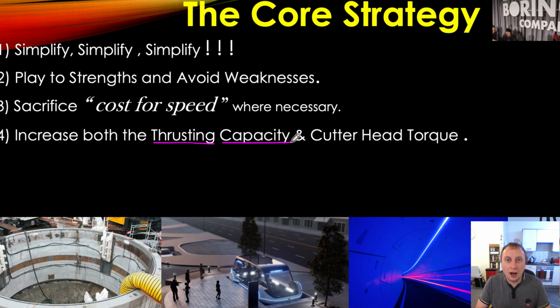You can only use half of them. So what you need is more powerful jacks to make up for the fact that you have less availability of jacks at any one time.